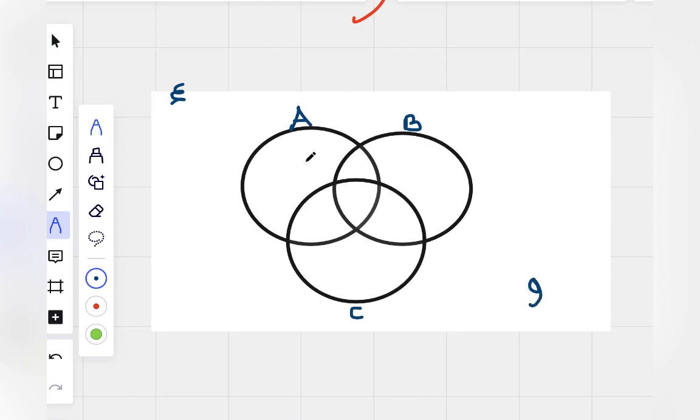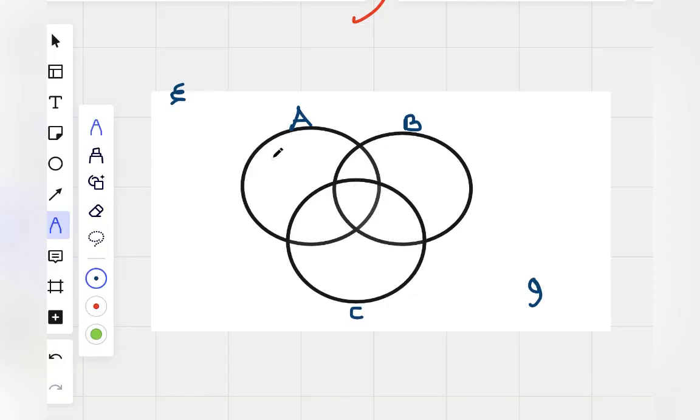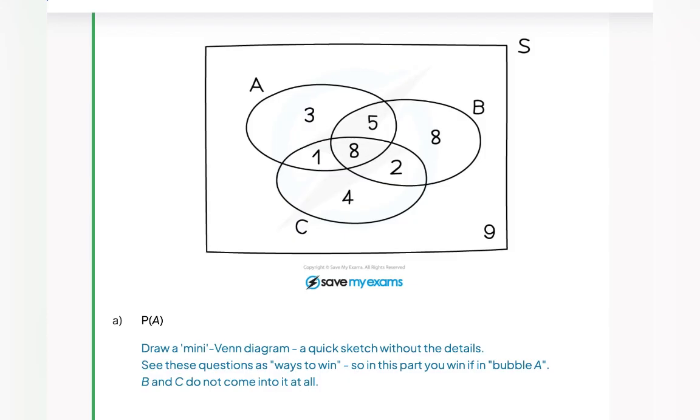Now let's see what is in A. The elements in set A, we have 3, 1, 8, 5. We have 3 here, 1 here, 8 here, 5 here. Then let's see the other ones.